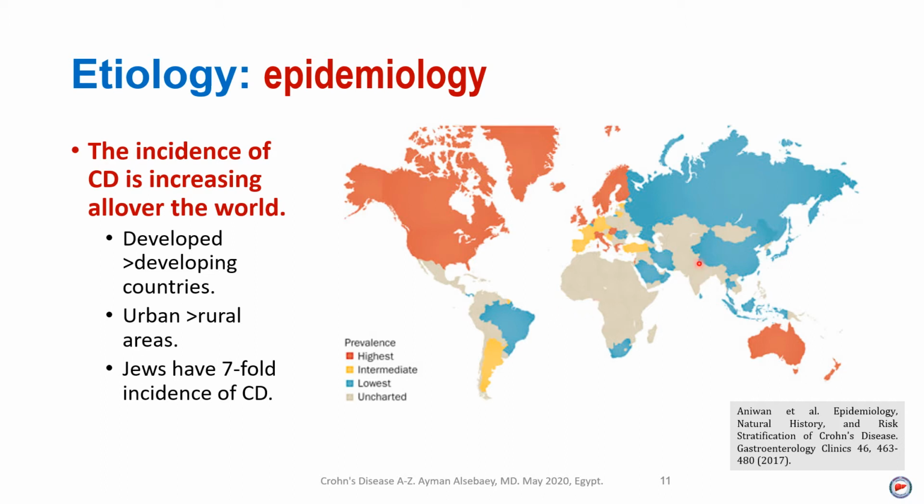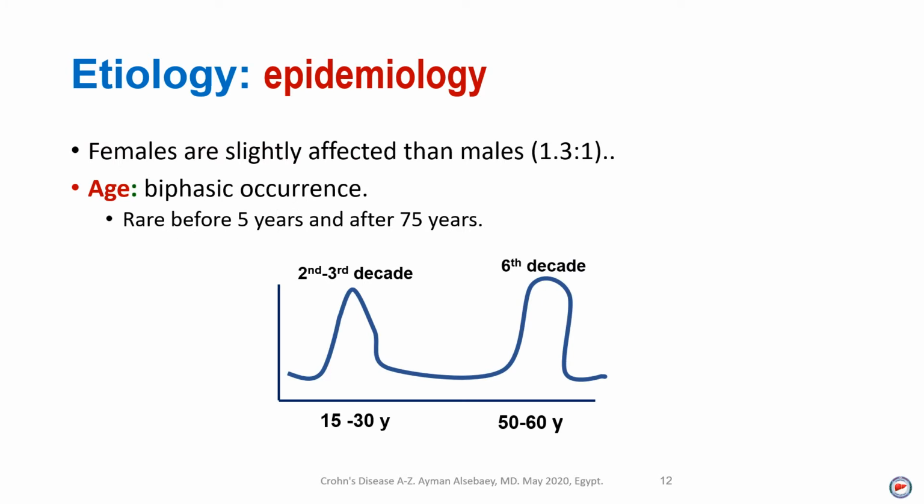We don't know until now the etiology of Crohn's disease, but they found that its occurrence is higher in developed countries than in developing countries, in urban more than in rural areas, and they found that Jews have a sevenfold incidence of Crohn's disease.